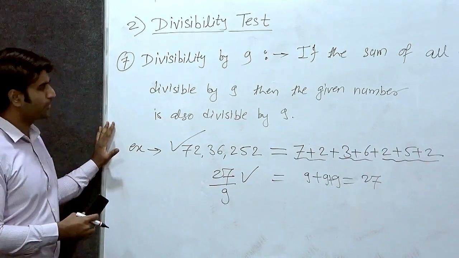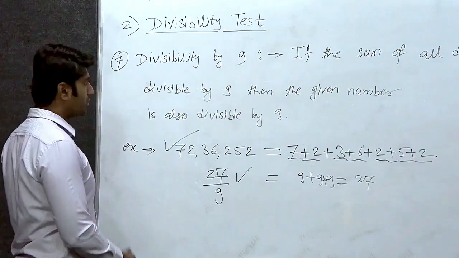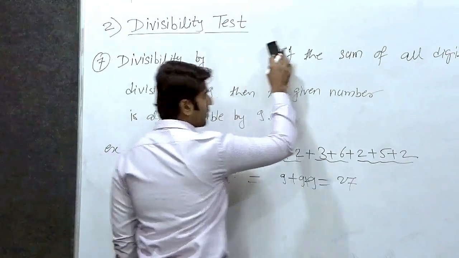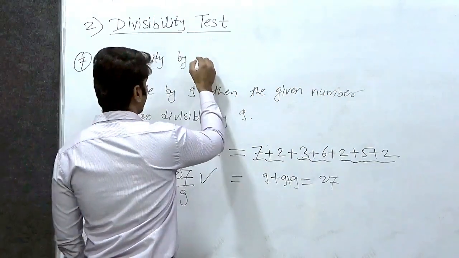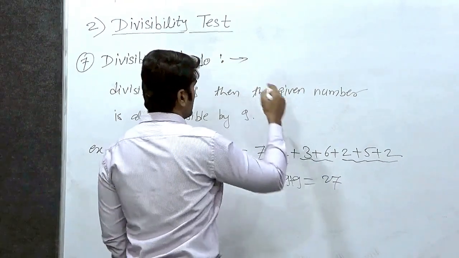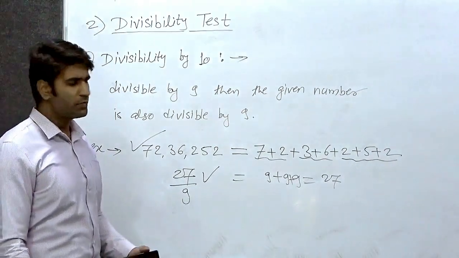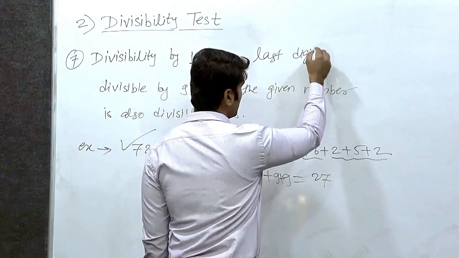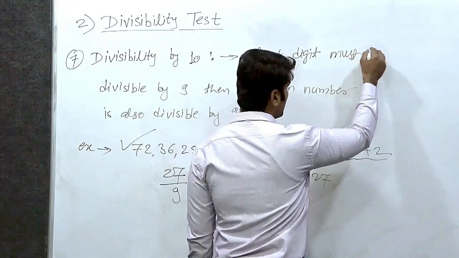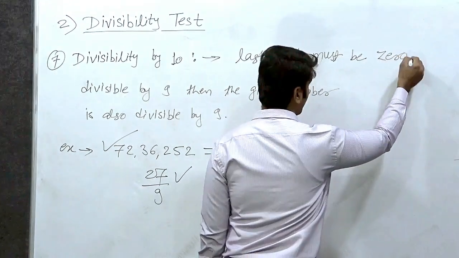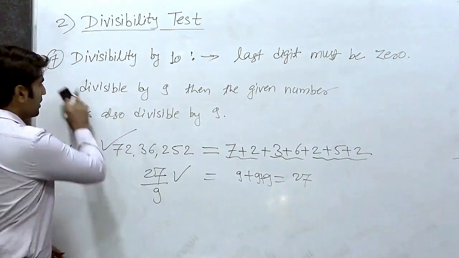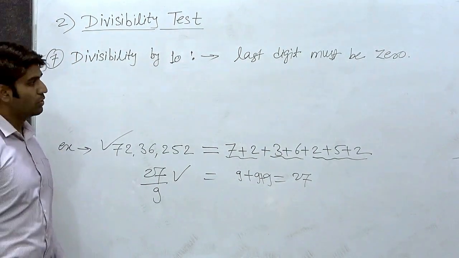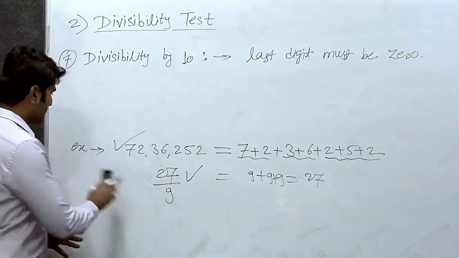Again, it is important. And next is divisibility by 10, which is very simple. The last digit must be 0. A number is divisible by 10 only when the last digit is 0.